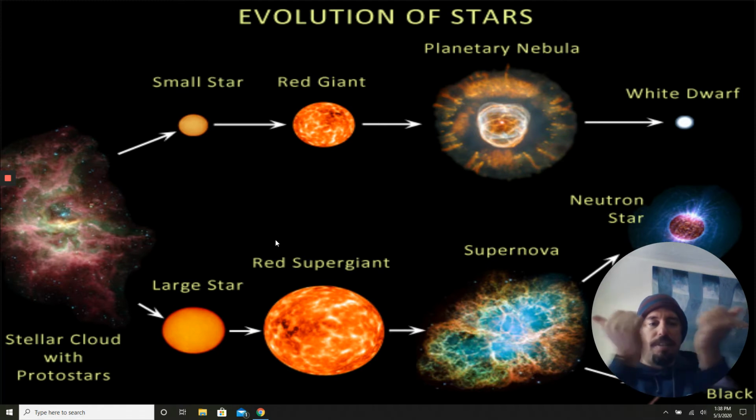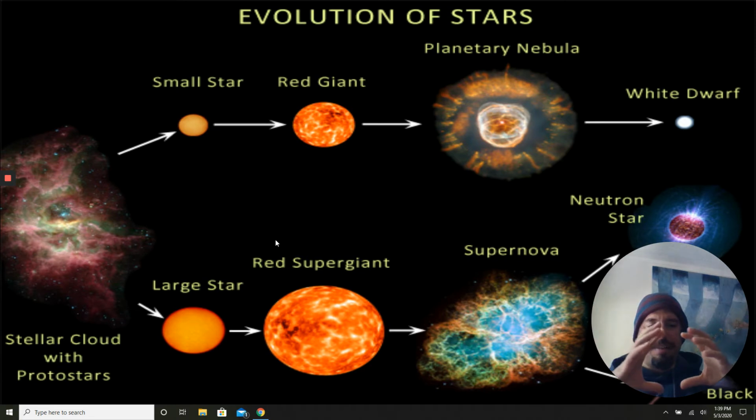So the fusion process is producing energy that's out, and gravity's pushing in, and it's giving the star its shape. Well, when the hydrogen runs out and the star stops fusing, gravity's still pulling it in, but there's no fusion pushing out anymore, and the star starts to collapse.